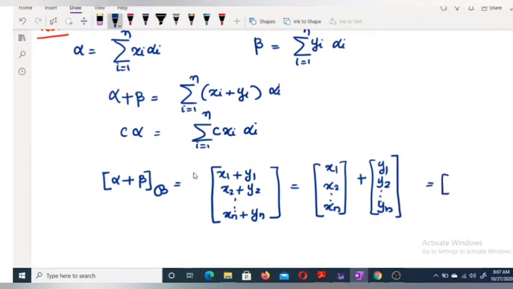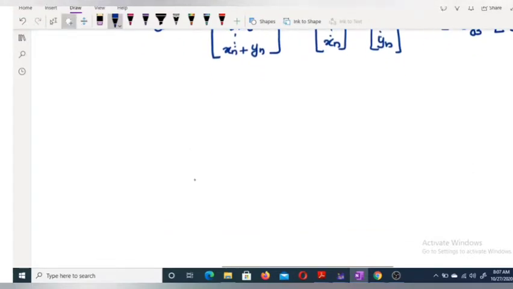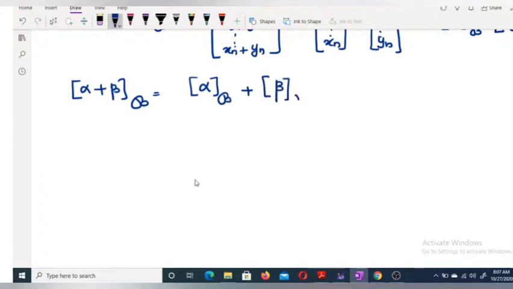And this is equal to the matrix of alpha relative to the basis B plus the matrix of beta relative to the basis B. Thus the matrix of alpha plus beta relative to B equals the matrix of alpha relative to B plus the matrix of beta relative to B. Similarly, the matrix of C alpha relative to B is equal to C times the matrix of alpha relative to B.